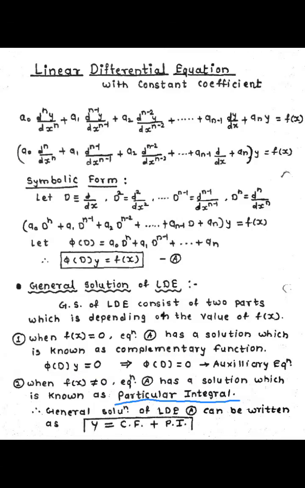Whenever the function is not equal to 0, we again obtain our differential equation, and it has a solution, and that solution is called the particular solution. So if we combine both possibilities together, we obtain the general solution.